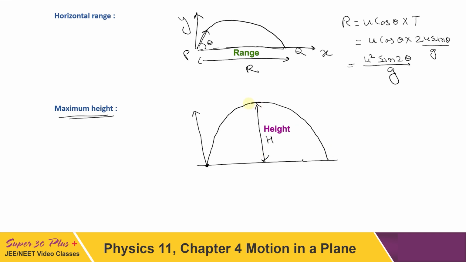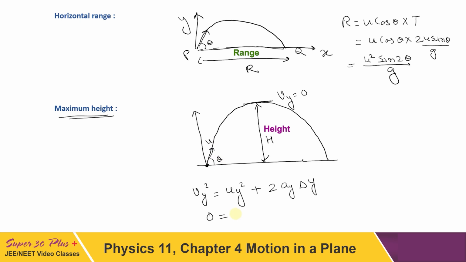As we know, at maximum height, vertical component of velocity becomes 0. So Vy can be written as 0 for the maximum height. Now if we use the formula, Vy square is equal to Uy square plus 2 Ay delta y. So what is Vy square for maximum height? That would be 0 is equal to Uy square, as you know, this is u, this is theta.